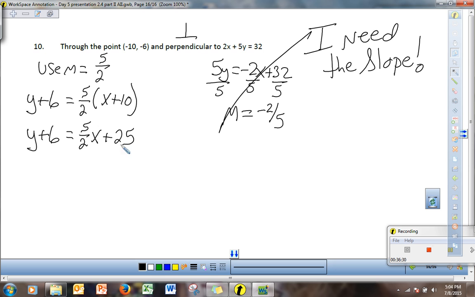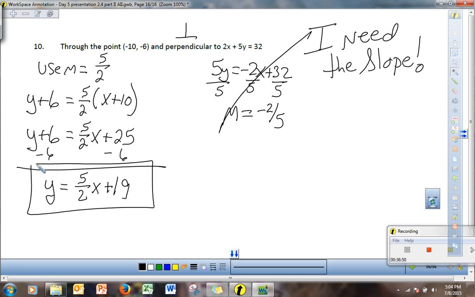Here's what I did because I didn't want to touch my calculator. 2 goes into 10 5 times. 5 times 5 was 25. Let's subtract 6 from both sides. Ending answer, y equal 5/2 x plus 19. There's your final answer.